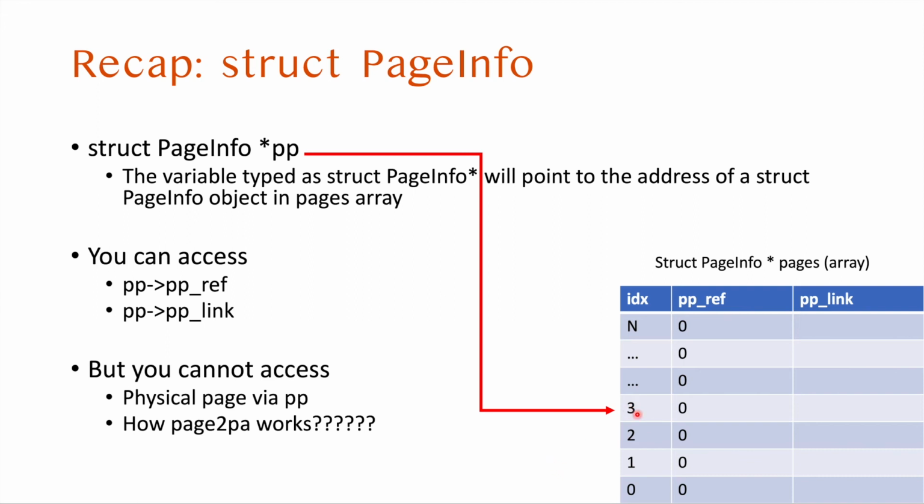So it actually returns the index of the pp. No matter what index it points to, pp minus pages will return the index. Pointer arithmetic is designed like that. If you have an array and one of the elements in it, and you subtract the starting pointer from that pointer, it will always return the index.